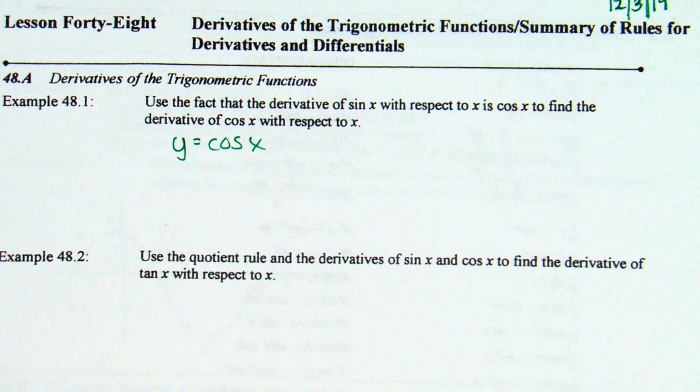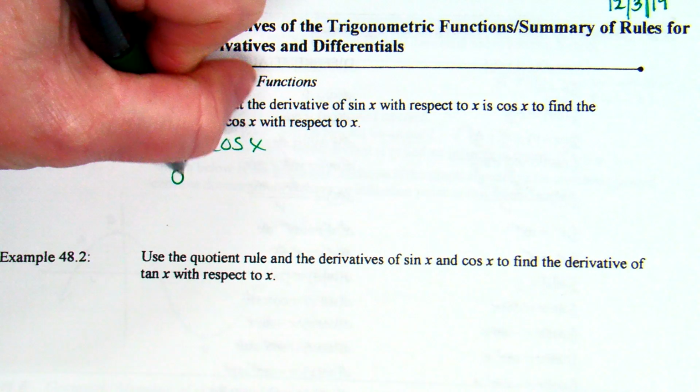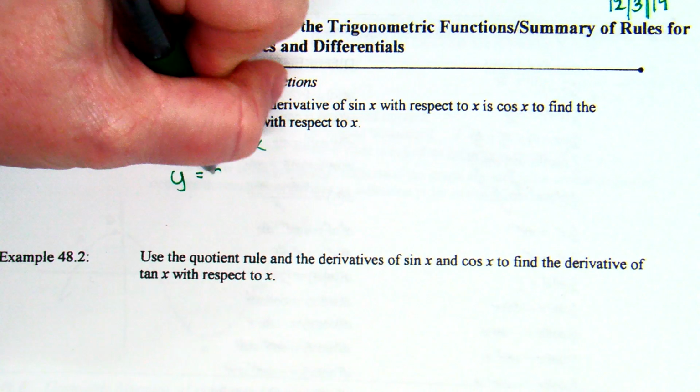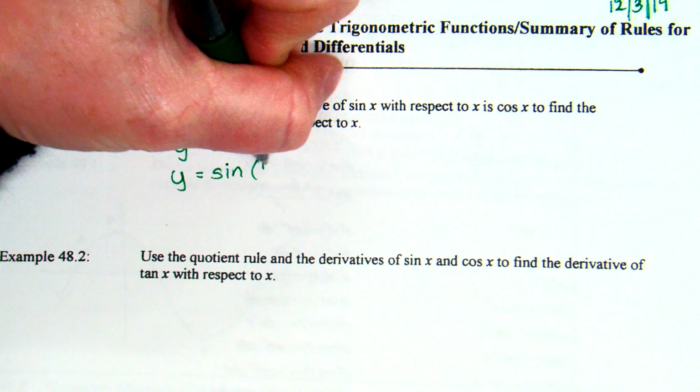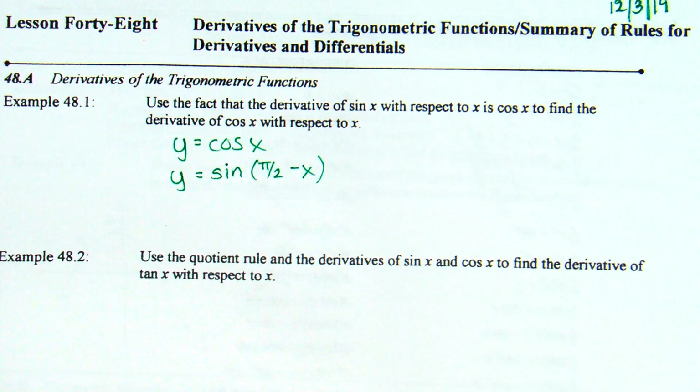Do you guys remember cofunctions? It's on that identity list. The cofunctions are the ones that involve pi over 2 minus x. Cosine of x is equal to sine of pi over 2 minus x.